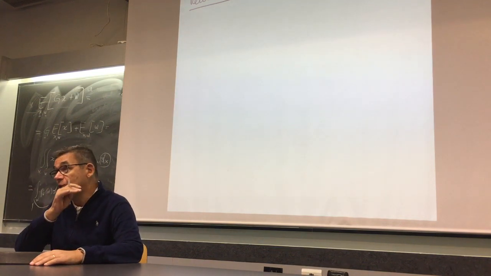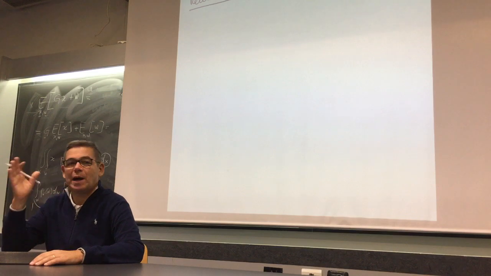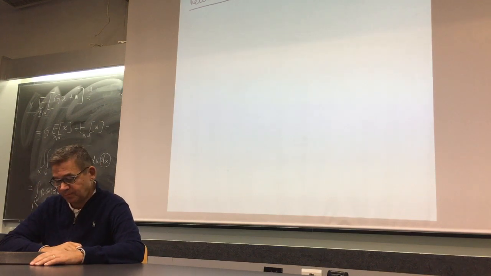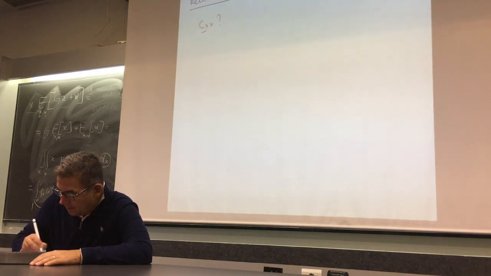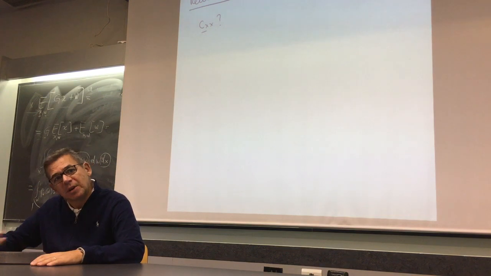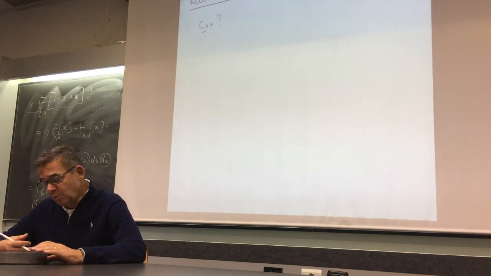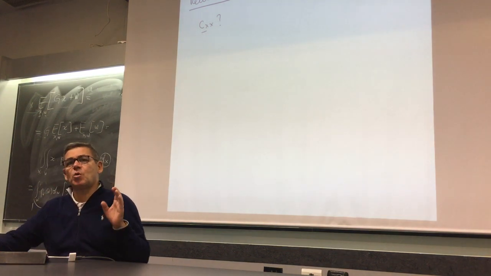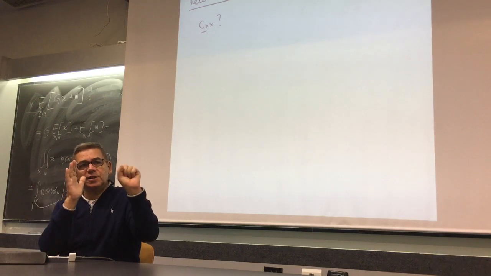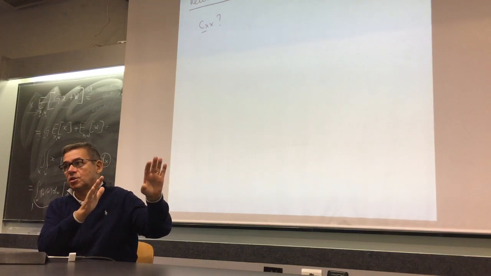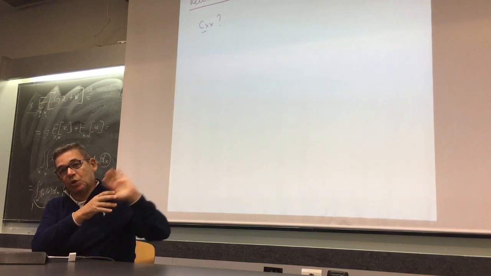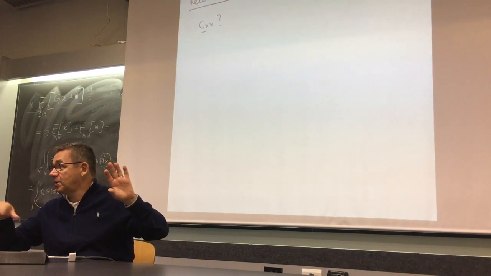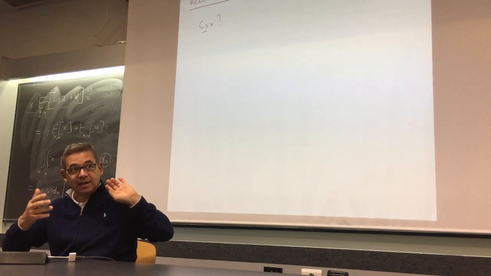Which means u is white noise. Okay? Now I want to know what CXX is. What is the meaning of CXX? Can you read something? Now we know from the process that if I have a white process which is filtered, the output is the convolution of the filter with the variable. Okay? We know that. In case you are not familiar with that, we will look at that later.